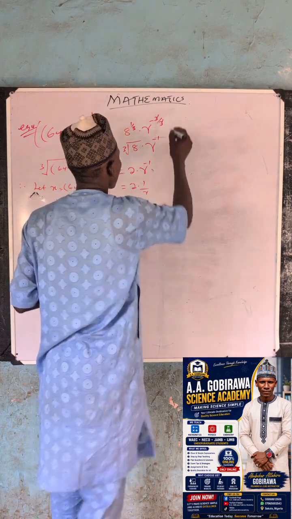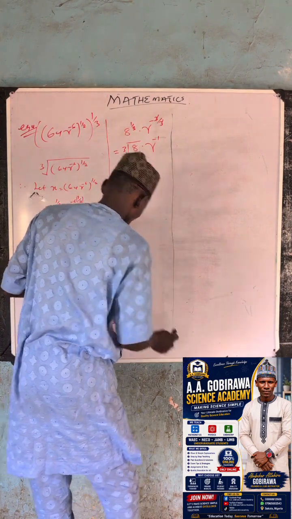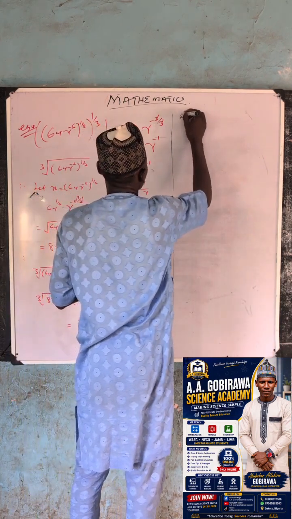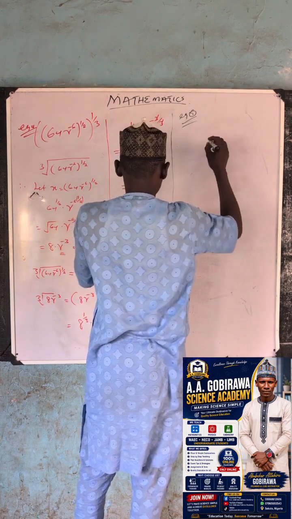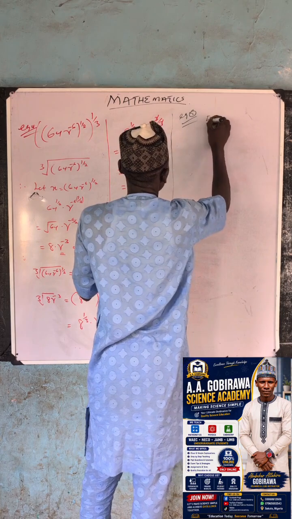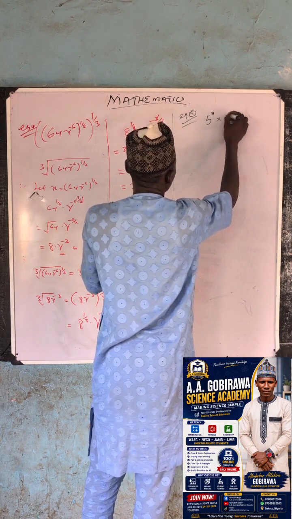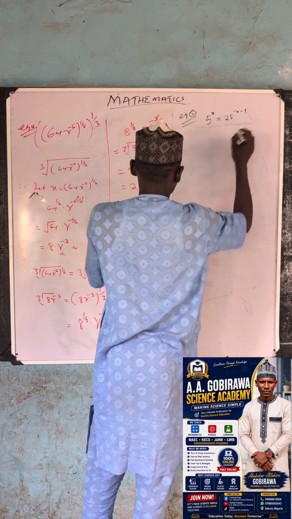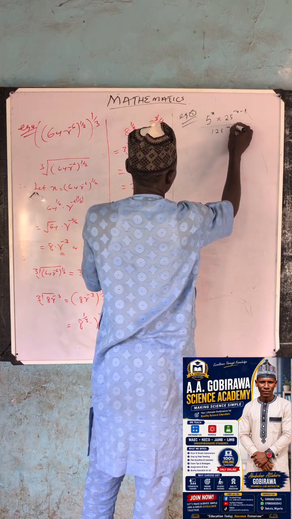So we have example number 5. We have 5 power x multiplied by 25 power x minus 1, divided by 125 power x plus 1.